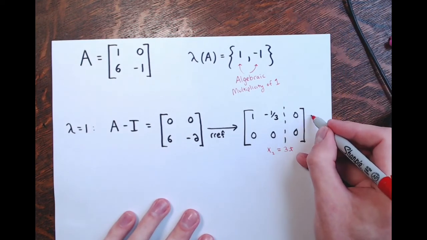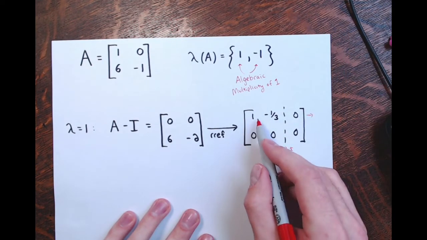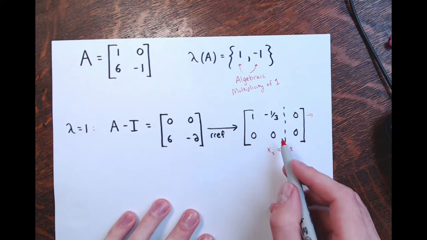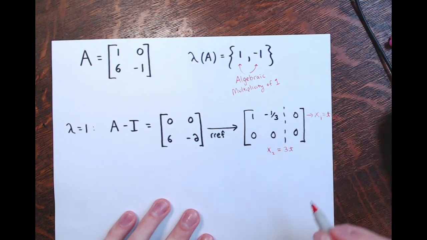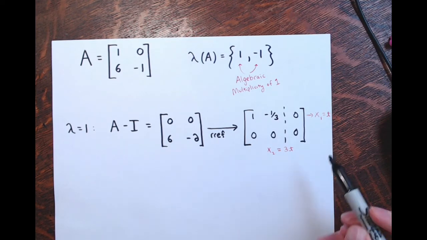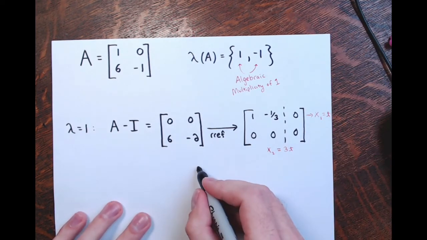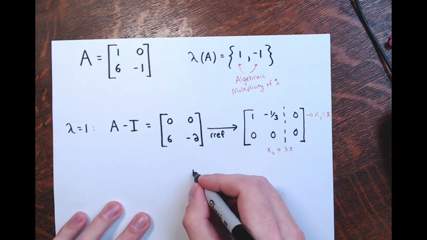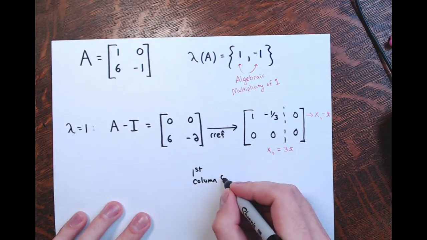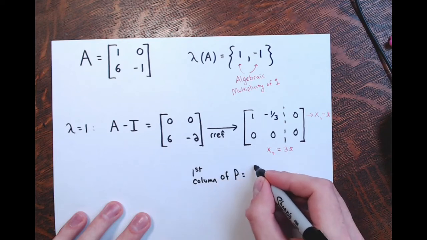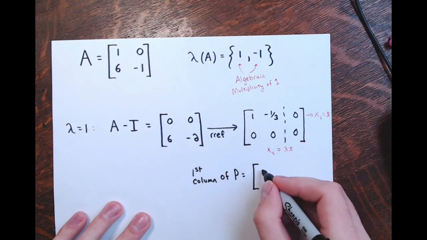And then from the first row, we have x1 minus 1/3 of 3t, so minus t equals 0, so x1 has to be t. We just add t to both sides. So the eigenvector I'm getting out of this, the first column of P, is the vector 1, 3.